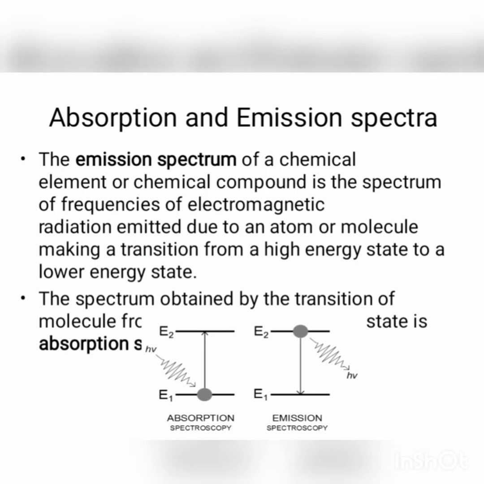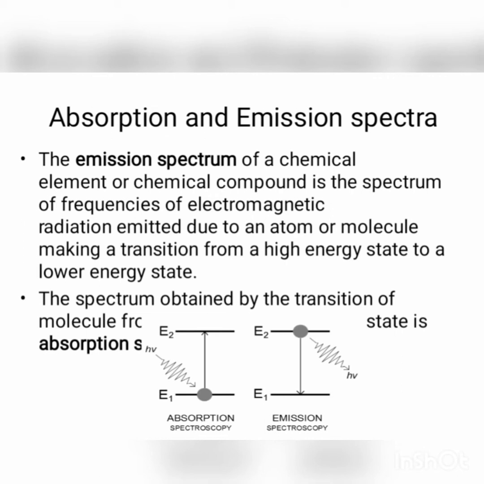The next is absorption and emission spectra. This is an important one. Absorption means when we are absorbing something, in the case of atoms and molecules. You will see in the picture an atom absorbing energy in the form of hν. It absorbs light energy and moves to the excited state E2.